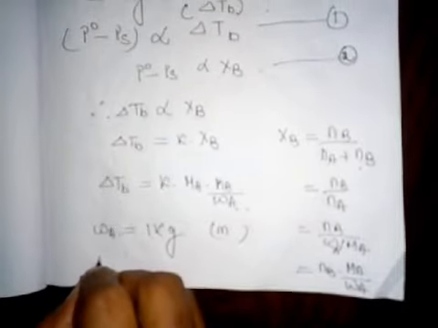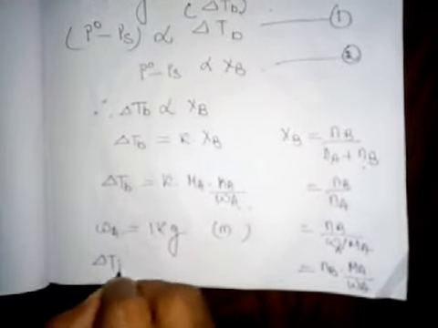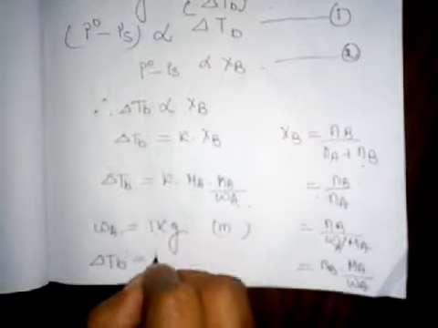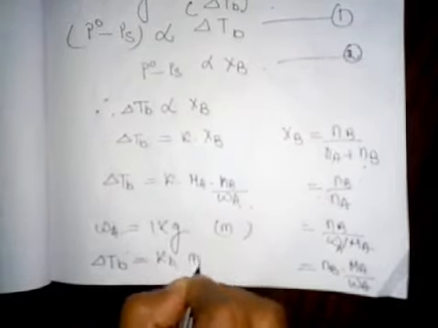Then we can write delta Tb is equal to Kb into small m.